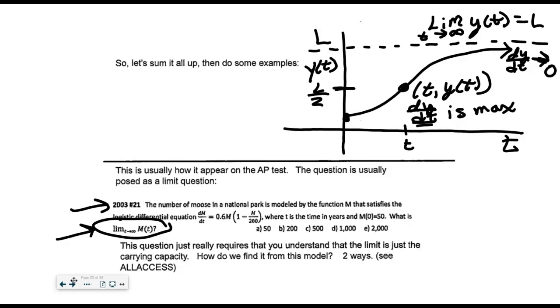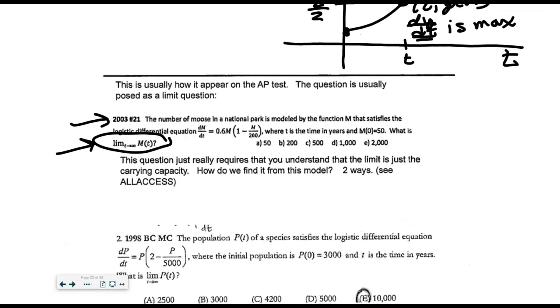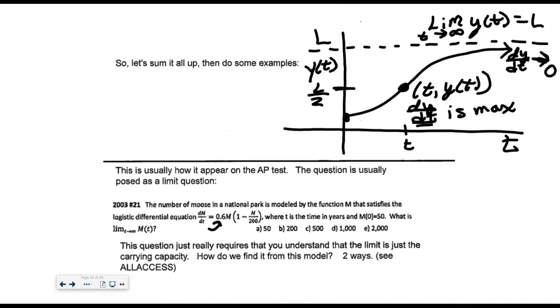And here's an example of that. So let's go take a look at this guy. So here's a 2003 number 21. So it was a calculator active problem. You would look at this, and you would say this is directly proportional to, and it just doesn't quite look right. So let's go up here. Off on the side, let's write dy dt equals k y times L minus y.